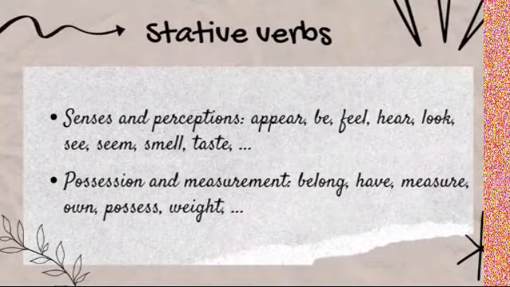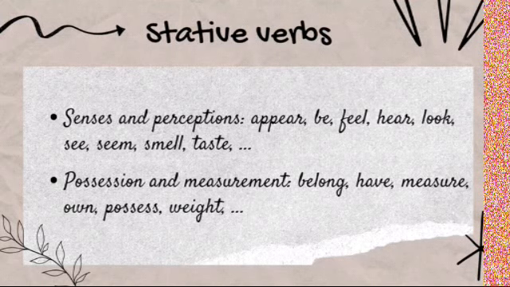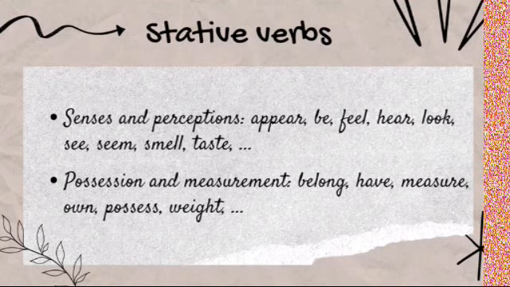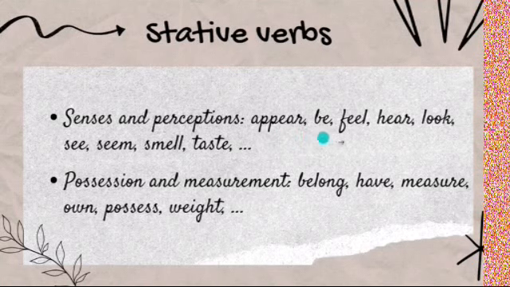Stative verbs refer also to senses and perceptions, and the verbs that we use to talk about it are appear, be, feel, hear, look, see, seem, smell, taste, and others. Also, to talk about possession and measurement, we use belong, have, measure, own, possess, weigh, and others.